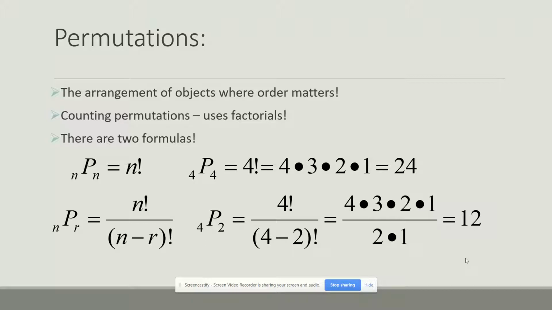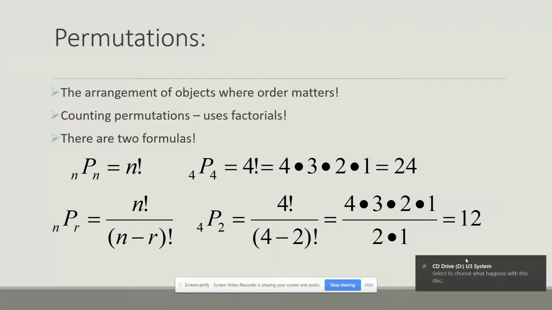If 10 of us are running a race and first, second, and third place win money, then how many ways can 10 runners finish in first, second, or third place? So anything where the order that something is chosen matters, because of how they win something or their position, that's when order will matter.